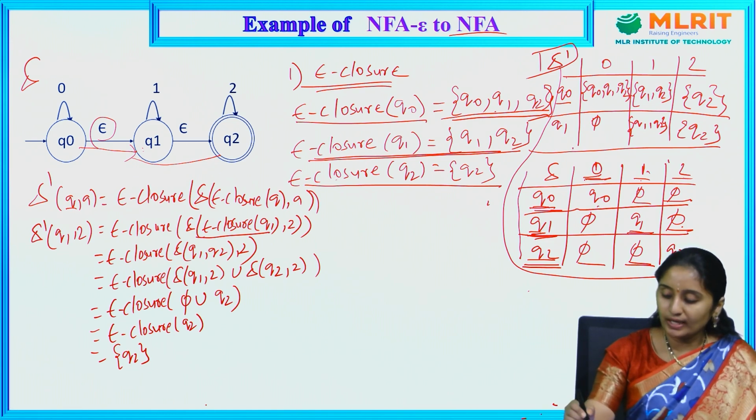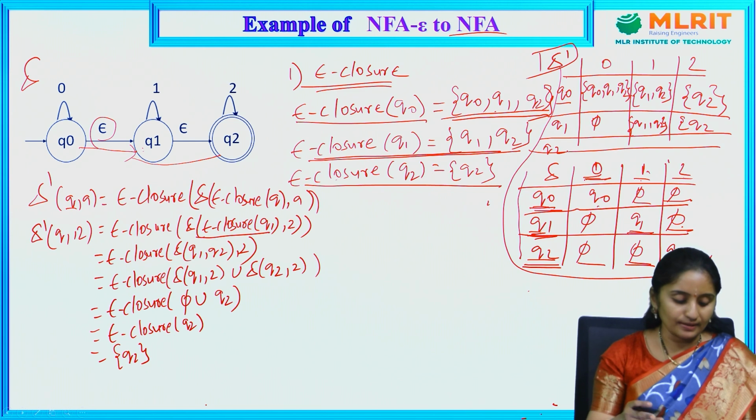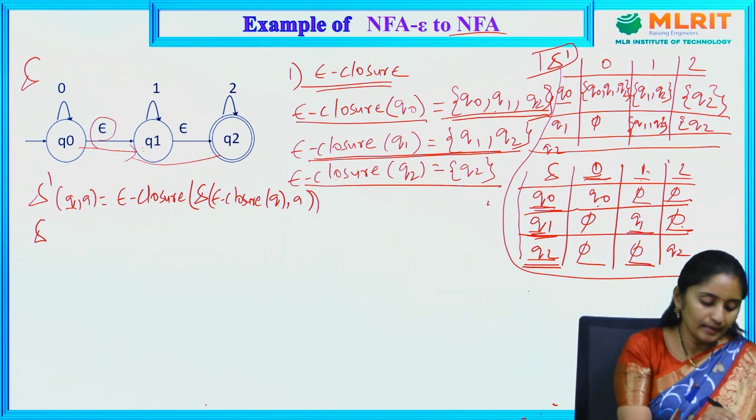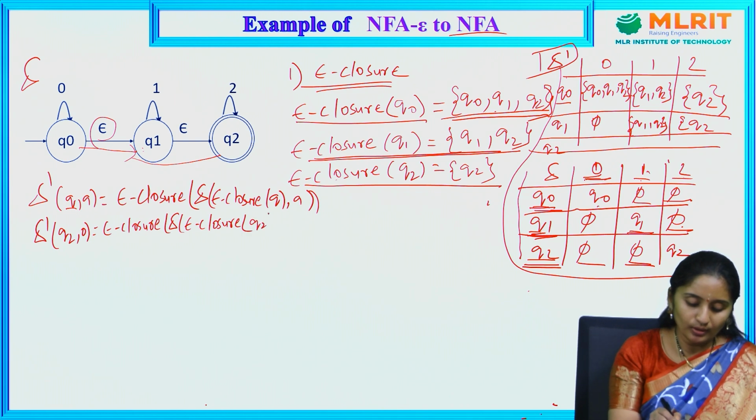Next, the Q2 state is there. Next, delta dash of Q2 comma 0 is epsilon closure of delta of epsilon closure of Q2 comma 0.